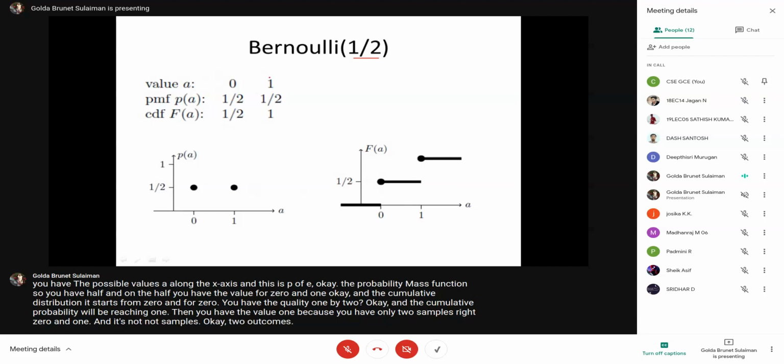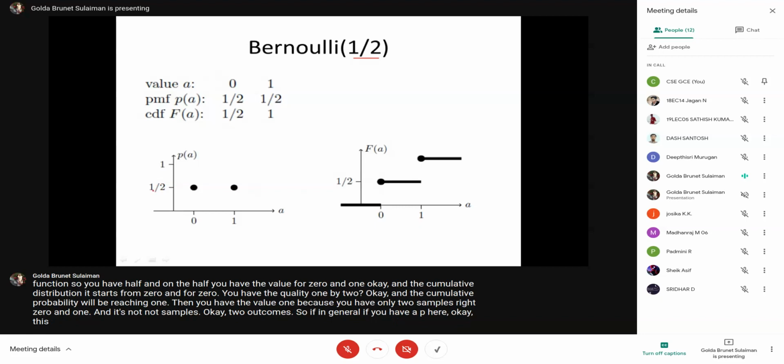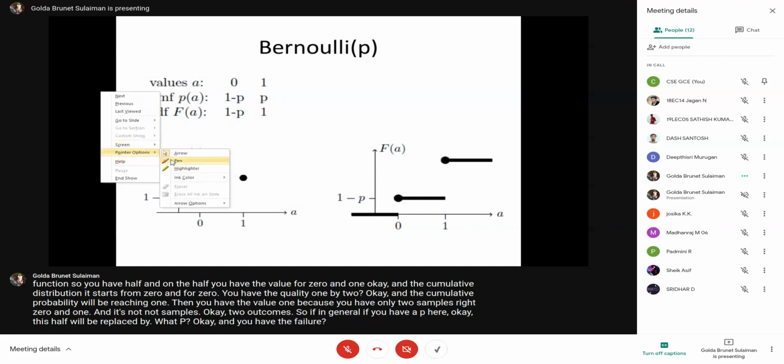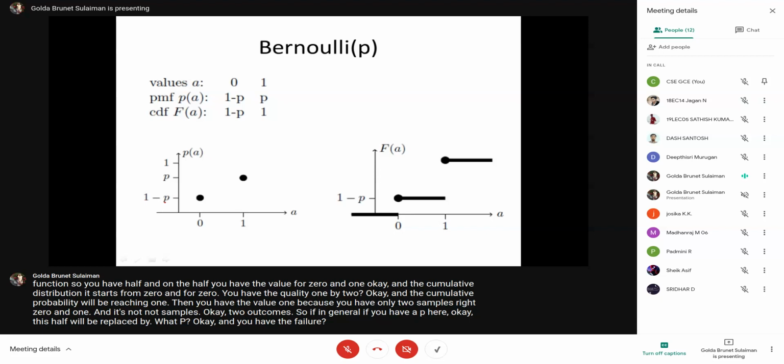Okay, so in general, if you have a p here, this half will be replaced by p. And you have the failure, which is 1 minus p. And here we have p, and 1 here.